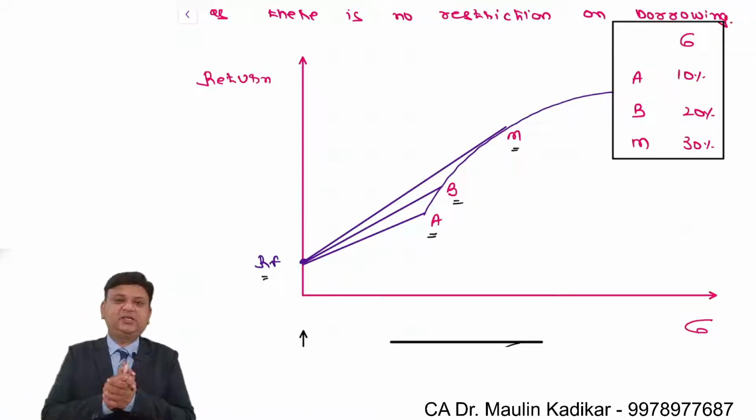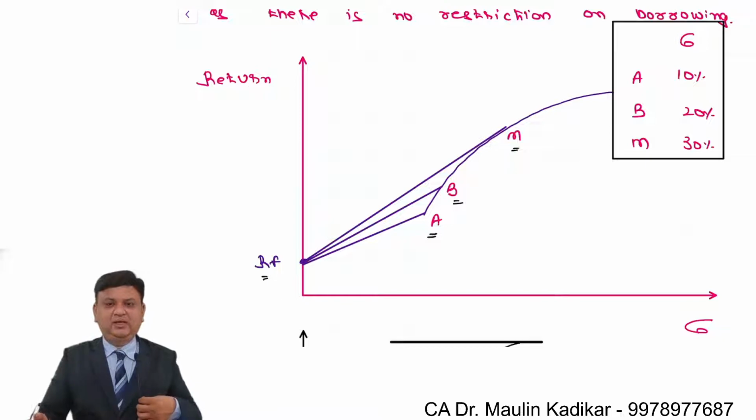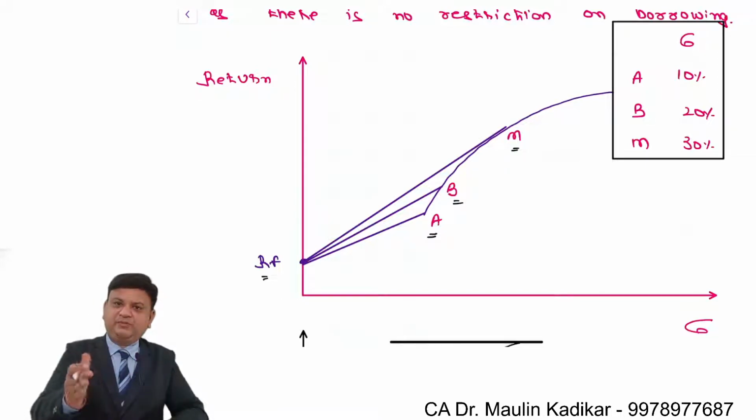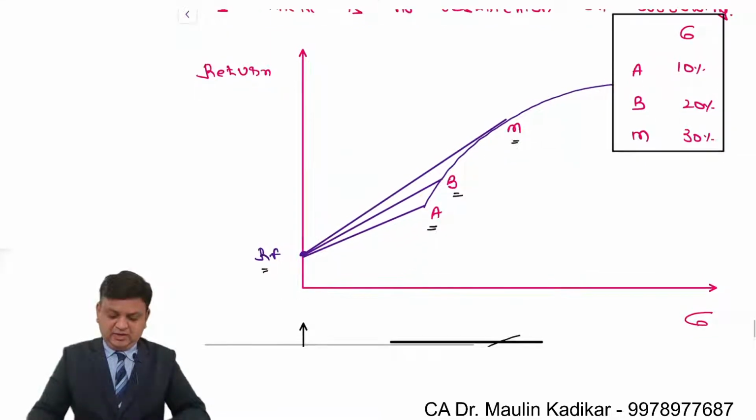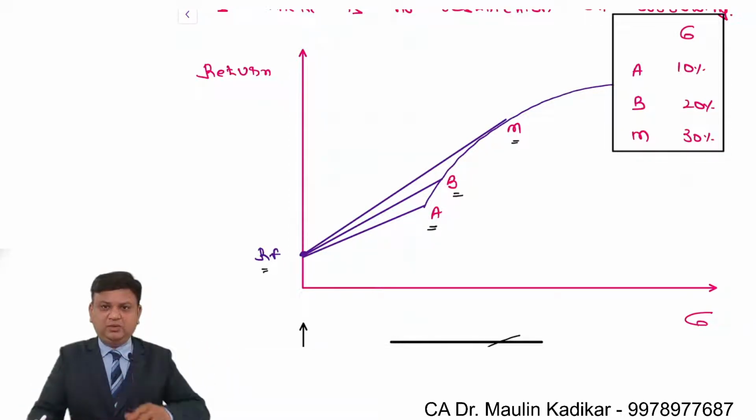Now let us say that you are a portfolio consultant and you have been approached by one of your clients. My question to all of you is this: when your client comes to you, what is the first question that you will ask your client?